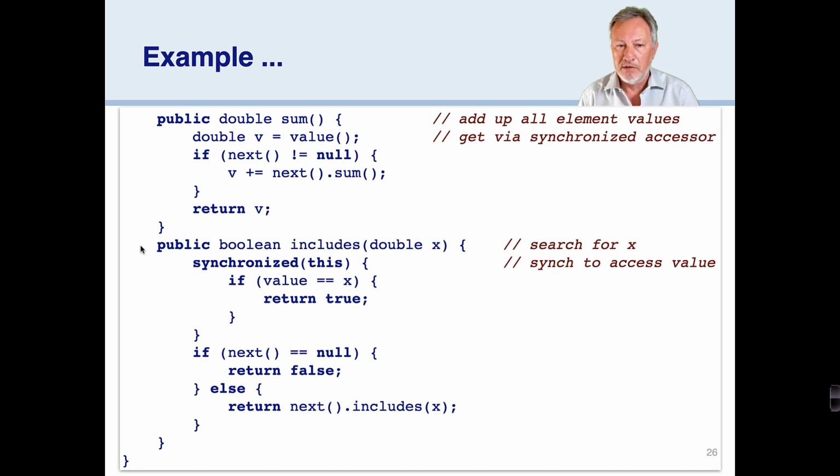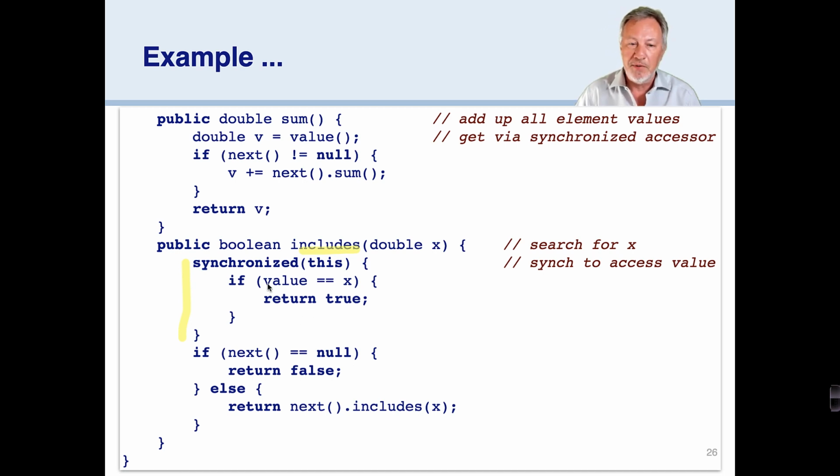And here's another example. Here's the method includes, which checks whether the value x appears anywhere in the rest of the list. First of all, here we're using a synchronized block to access the value. And if that value is equal to ourselves, then we could return.